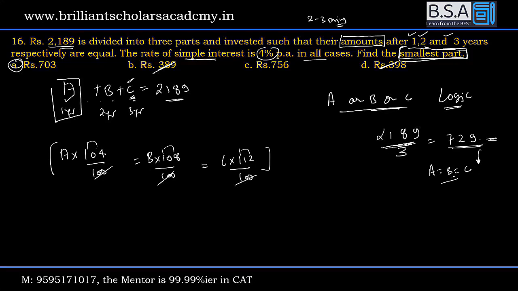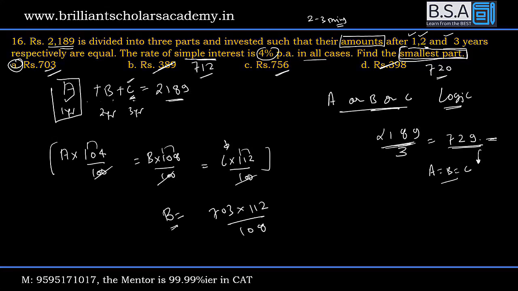Let us say, with options, sir, what will we do? One option was 712. Another option, let us say, was 720. The options are 703, 712, 756, 720. Even at this stage, I'll say do not solve, but verify. You take this number and put it here. Can I say B is equal to 703 into 112 upon 108?